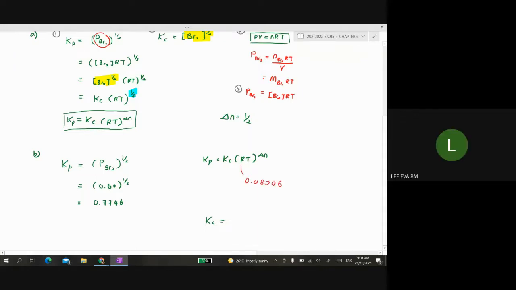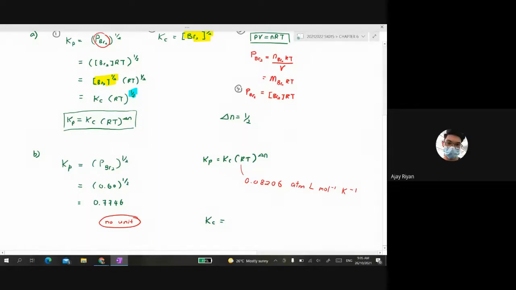So remember, temperature must convert into Kelvin sebab kita pakai gas constant R. Dalam gas constant R, unit dia atm, liter per mol per Kelvin. Oh, madam lupa nak bagi tahu. Ini tak ada unit, no unit for equilibrium constant. Kc pun tak ada.